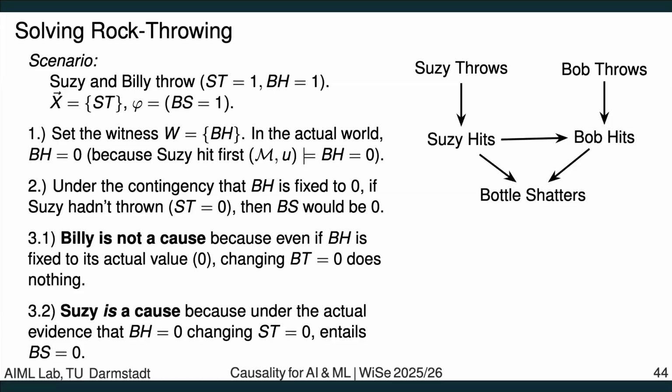So sometimes it's really about how I model my scenario. Which factors do I consider? Do I only consider the actions or some intermediate events along the way, which might help me block off some effects in the causal model?